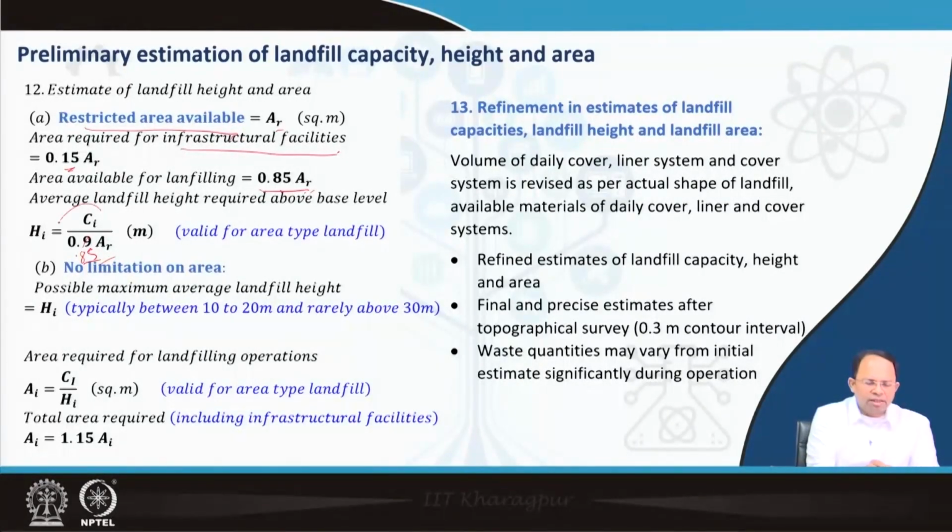This is the height that is required, because it's not only about the waste, but also some amount of cover and all these things will be at the top of it. So the height would be a little bit larger. That's why it's taken as 0.9, but that depends on the actual design of the landfill site, but it would be safe to go with dividing by 0.85.